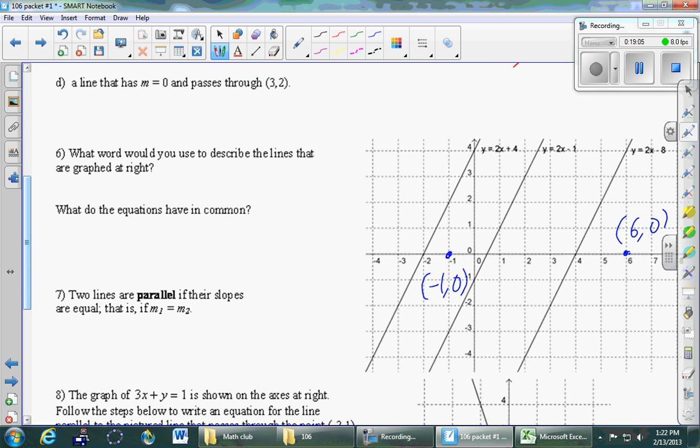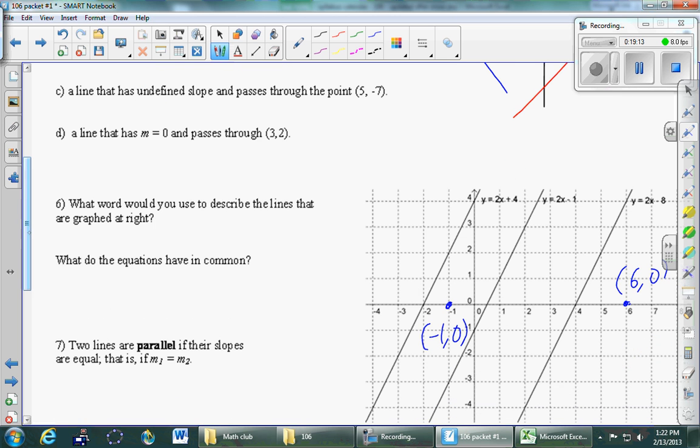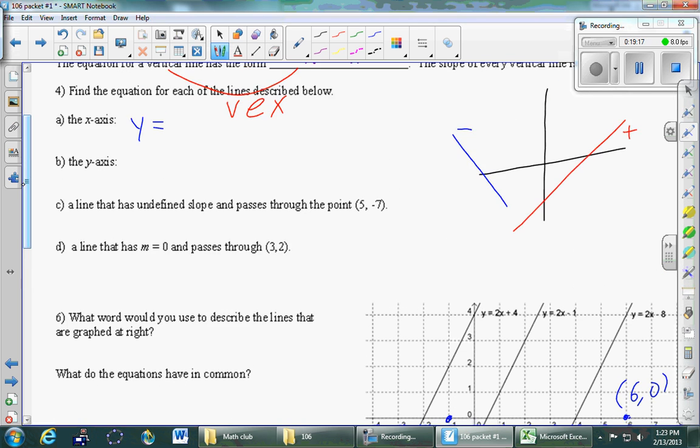We see what's always the same: the y is always the same. No surprise, we were expecting to write a y equals. How much is the y at each of those points? It is 0. So another name for the x-axis is the line y equals 0. And I find that a little bit troubling because for the x-axis, I'd really like to have the form x equals, but it's not.